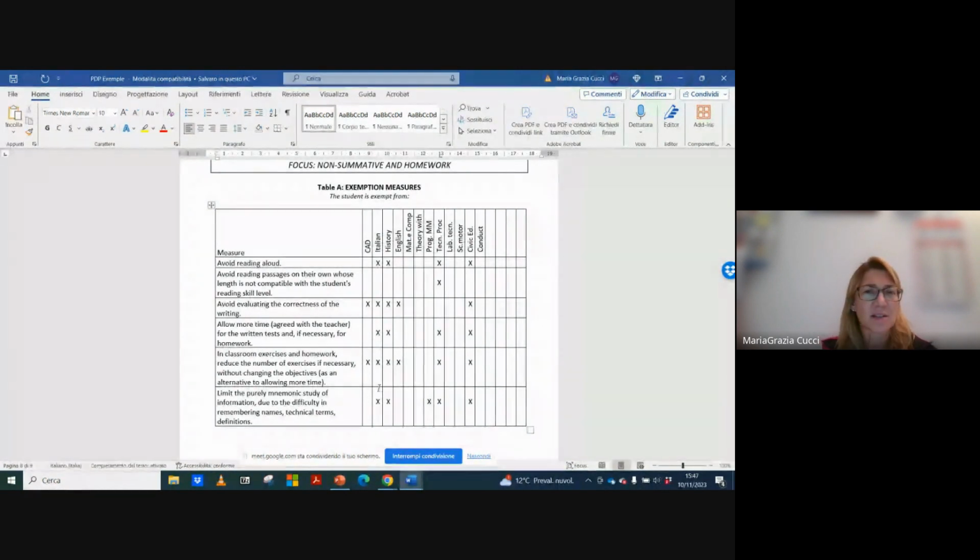If we notice that the student is becoming speedier, we can reduce the timing.